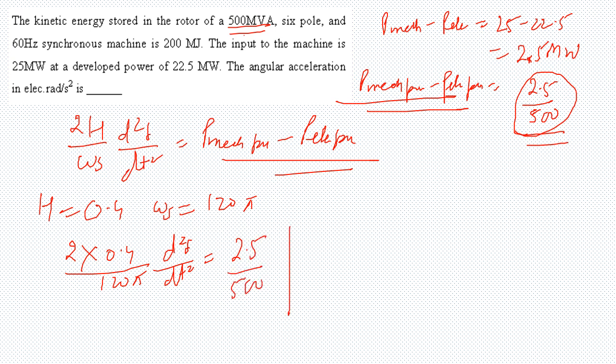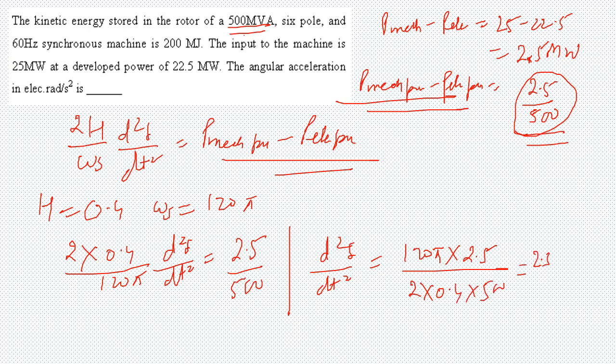From here, d square delta over dt square is equal to 120 pi into 2.5 divided by 2 into 0.4 into 500, and this comes out to be 2.356 electrical radians per second square.